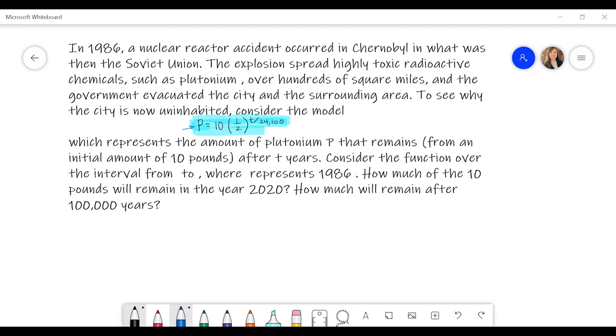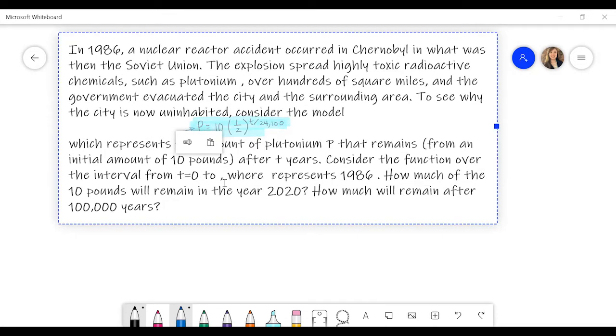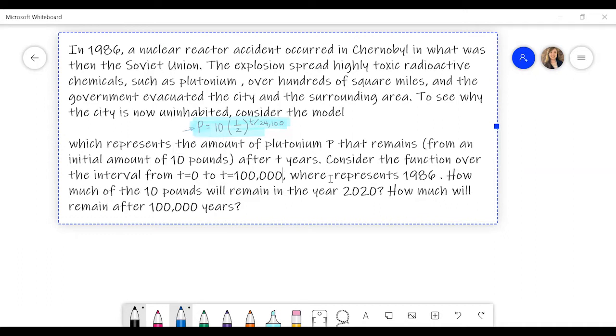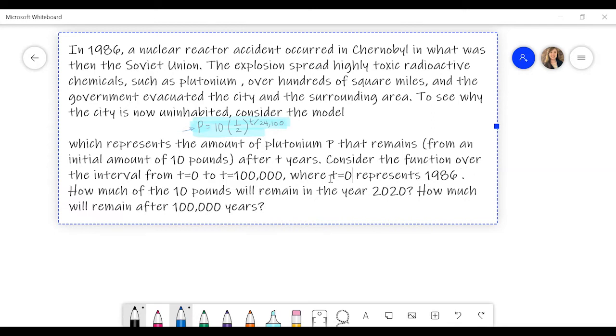So consider this function over the interval where T is equal to 0, that initial amount, we saw a similar kind of notation in the last question, represents 1986. That's when the incident occurred, right? How much of that 10 pounds remains in the year 2020? And are we able to figure out how much remains after 100,000 years?